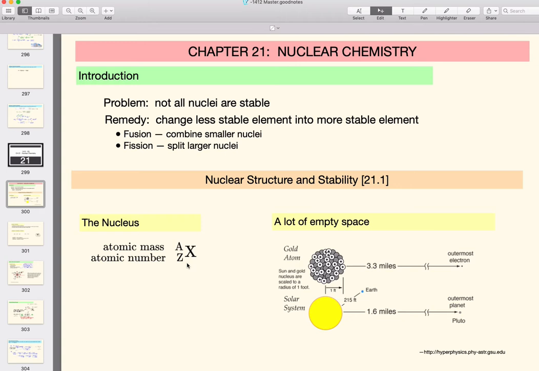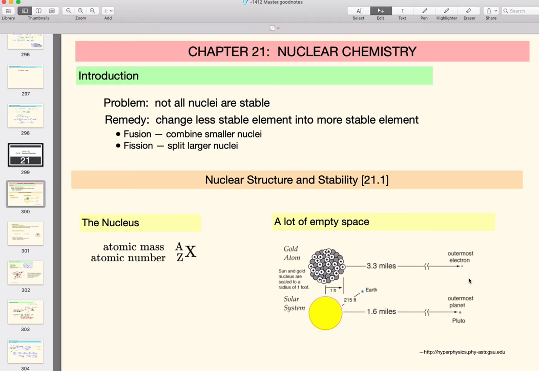So for example, if you take a gold atom nucleus and you expand it so that the radius is about 1 foot, then the outermost electron would be about 3.3 miles away. Yes, make it about the size of a basketball and your outer electron is over 3 miles away. That's a lot of empty space.